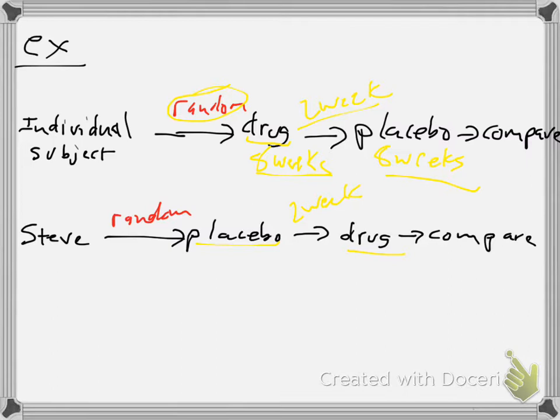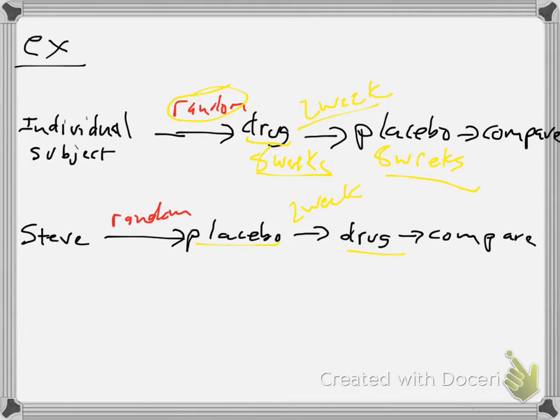If, for instance, all subjects got the drug first and then the placebo second, and let's say there was a significant difference between the blood pressure of those who took the drug versus when they were taking the placebo, how would we know if it wasn't the weather or the order that it was given in?